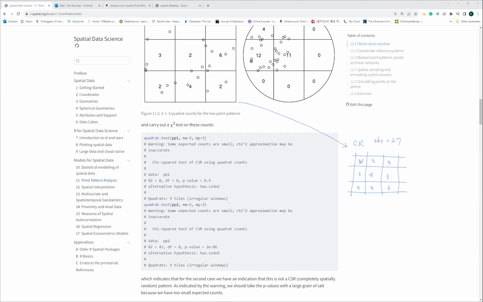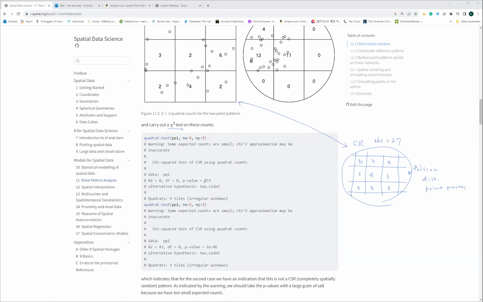What the chi-test is testing is how different the actual observation of the points in each cell is compared to this completely random point pattern, like a Poisson distributed random point process. What is the variation or difference of the actual observation from it? That's what the chi-test is about.